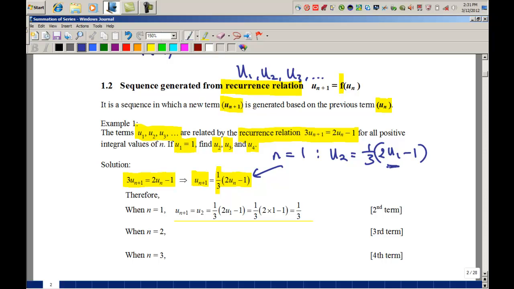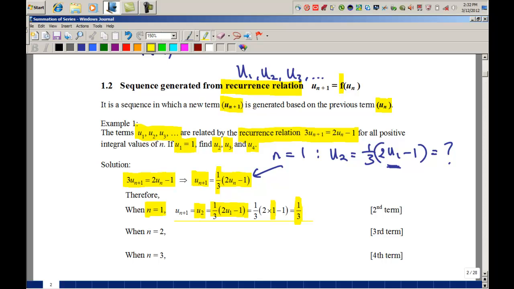And I already know what u1 is, and I can easily substitute it in to find out what u2 is. Now all this is shown here. When I let n be 1, my u2 is 1/3 (2 times u1 minus 1). And when I sub in u1 to be 1 here, I get 1/3. So I can generate u2 based on u1.